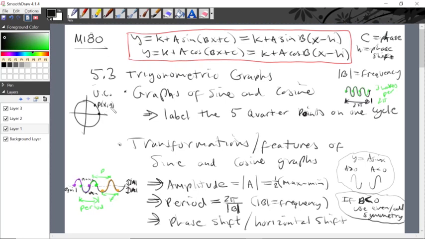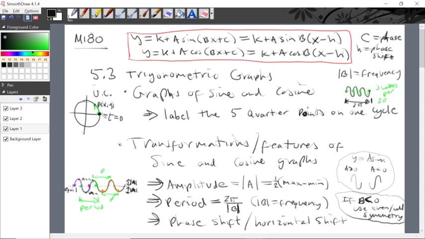The coordinates x and y can be related to the input variable t, where t represents the distance we have traveled along the circular path starting from the point 1, 0. So for instance, t would equal 0 at this point right here, where the output for the x variable would be 1, so the cosine of 0 equals 1, and the output for the y variable would be 0, so the sine of 0 is equal to 0.